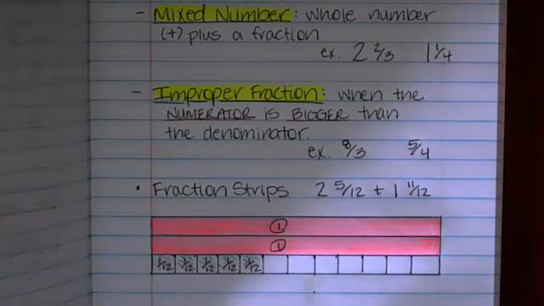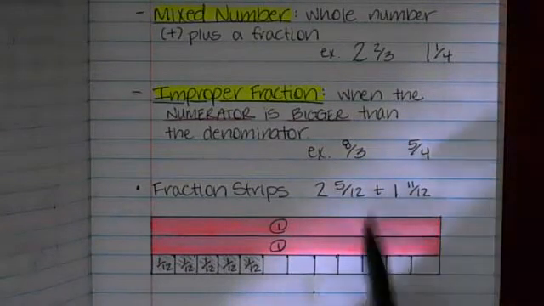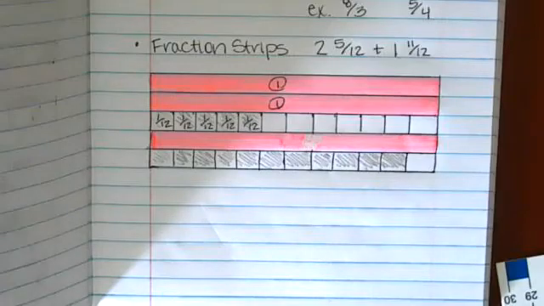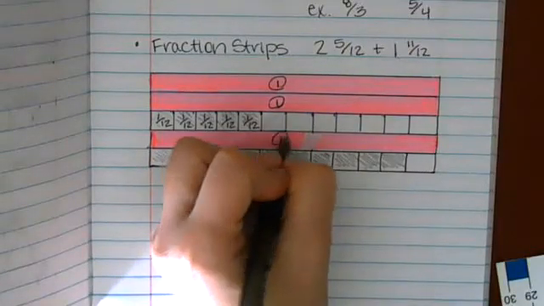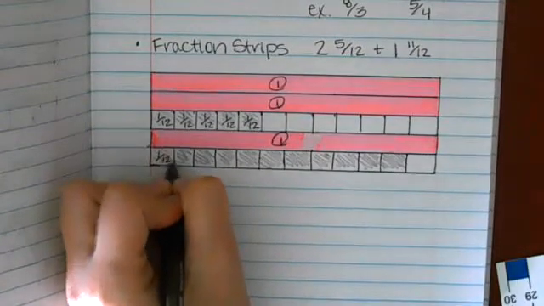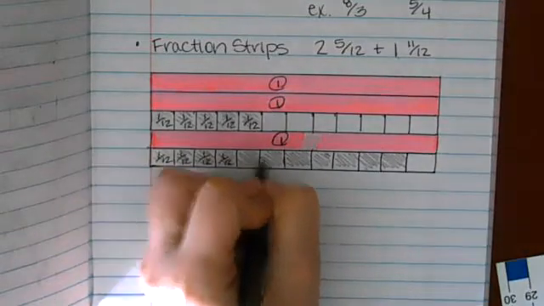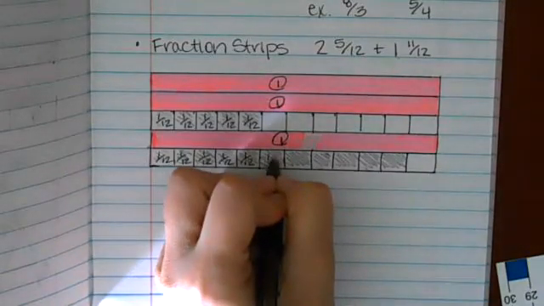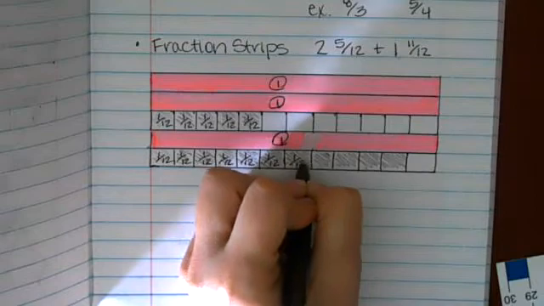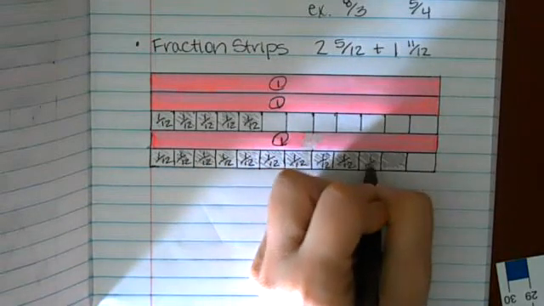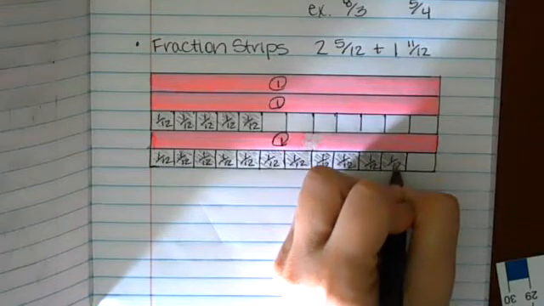The next thing I'm going to show is adding on 1 and 11/12. Here's a whole, and then 1, 2, 3, 4, 5, 6, 7, 8, 9, 10, 11.